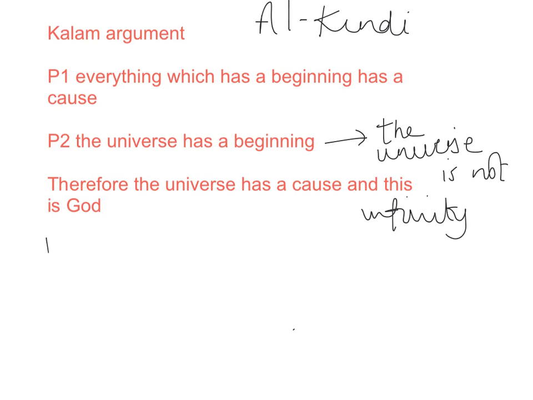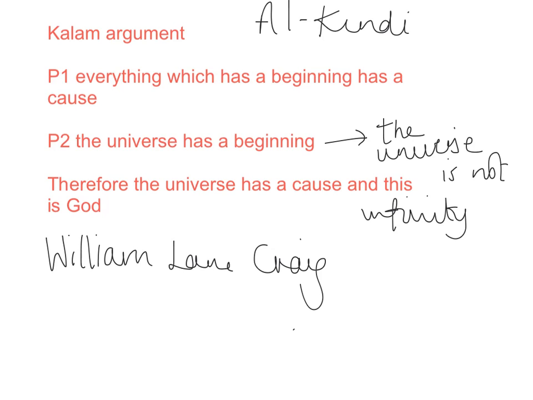It was later developed by someone called William Lane Craig, and he admired the logic. He's a Christian philosopher, might still be alive. And he said that he agreed with this idea that while we might have theoretical infinites, actual infinites don't exist. And he gave the example of the bookcase. He said, imagine if you had an infinite bookcase.